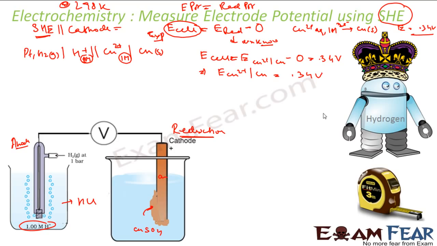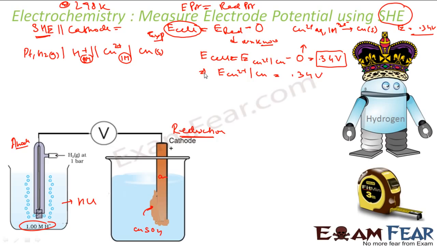Correct? Now note one thing here: since we assume this hydrogen to be 0, actually this is not 0, right? This is 4.4 volt actual value, but since we assume it to be 0, we can't actually say the absolute standard electrode potential of this is this. But this positive value indicates that copper 2 plus ions get reduced more easily than H plus.